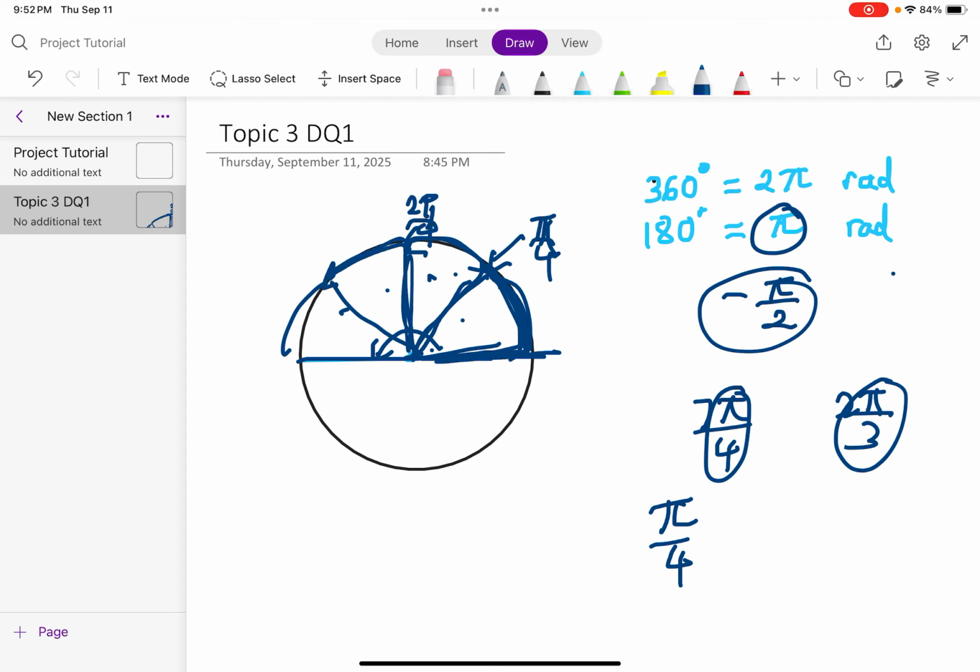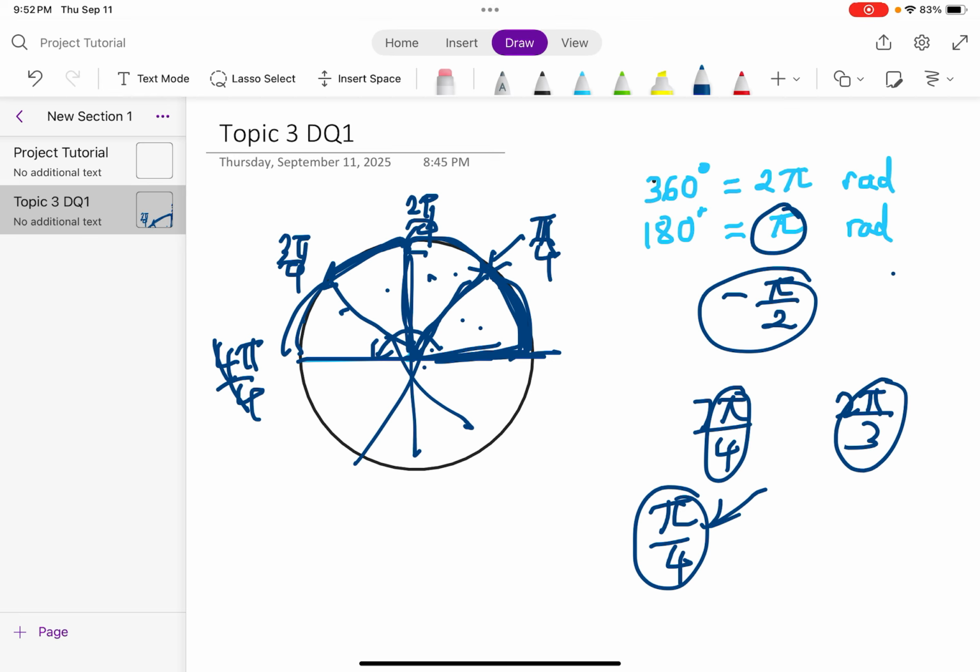Rotate it this way, we have 3 pi over 4, and then all the way here, that is 4 pi over 4, and you see that it ends up being just pi, right? So if you're dealing with pi fourth, you just cut the top half into 4 pieces, and then you can just extend it. Then you should end up with an 8 slice pizza, if the denominator is 4.